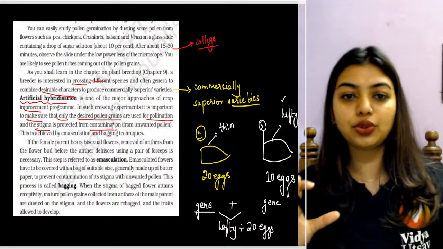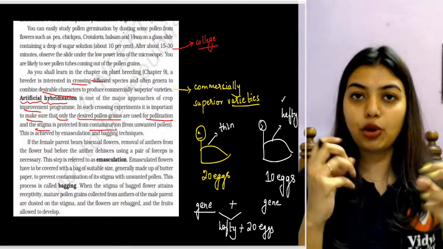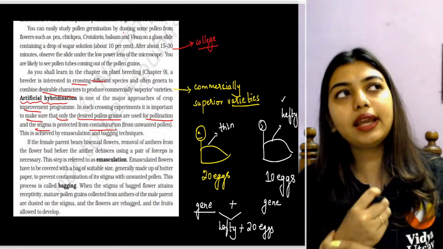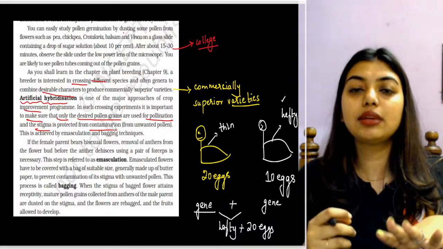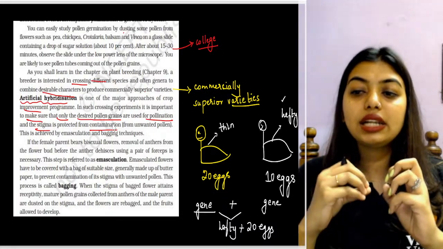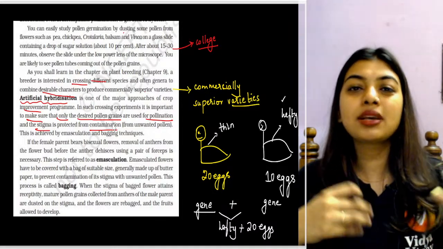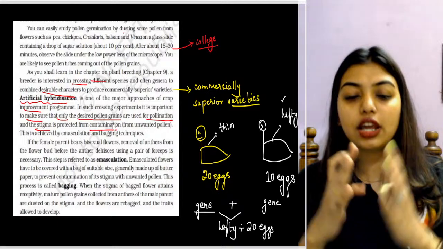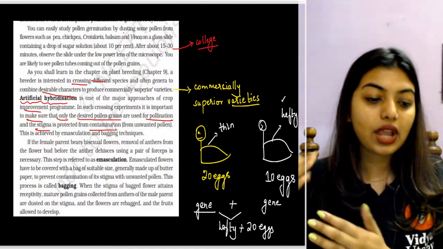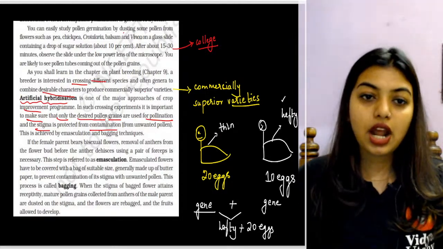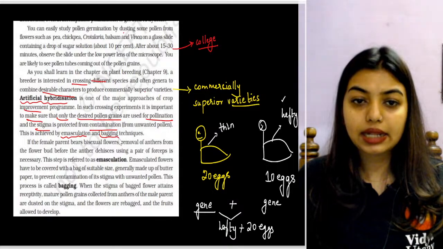So if pollination has to happen, I'm going to make sure that the pollen grains that land on the stigma are not some random pollen grain. They are going to be of superior quality, so I am going to get a better yield. Understood? So this is achieved by emasculation and bagging techniques.